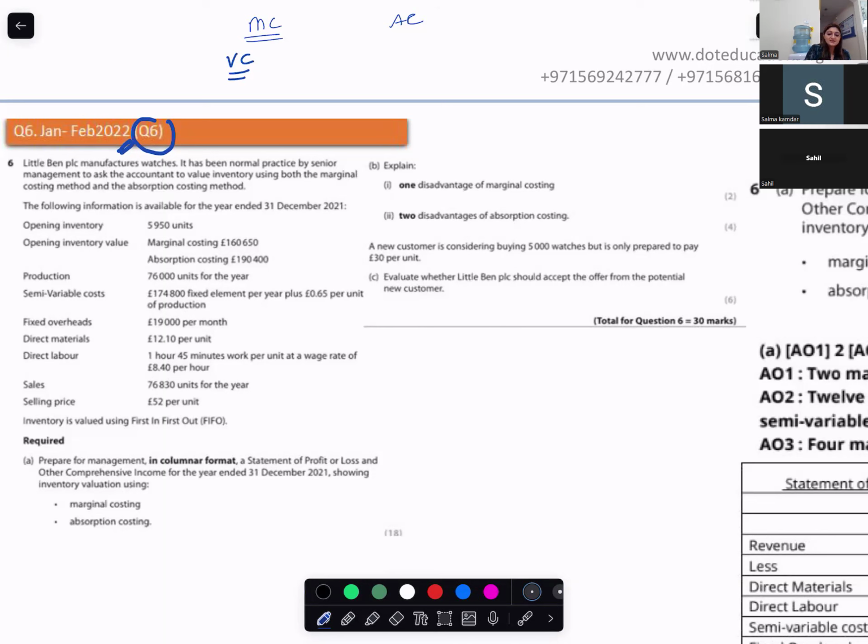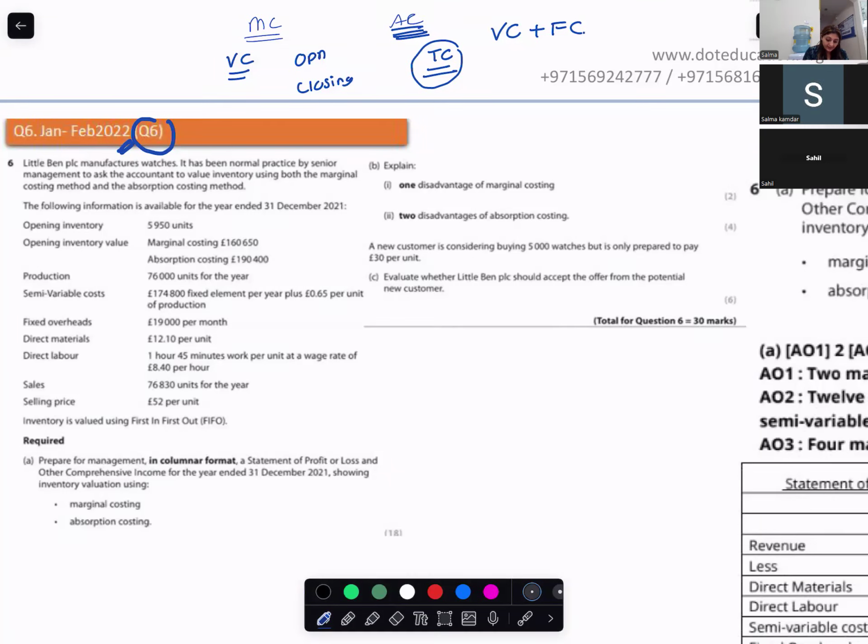That means when you have opening inventory or closing inventory, the inventory as per marginal costing is valued at variable cost. And inventory as per absorption costing is valued at the total cost. When I say it is valued at total cost, that means the variable cost also and the fixed cost also.